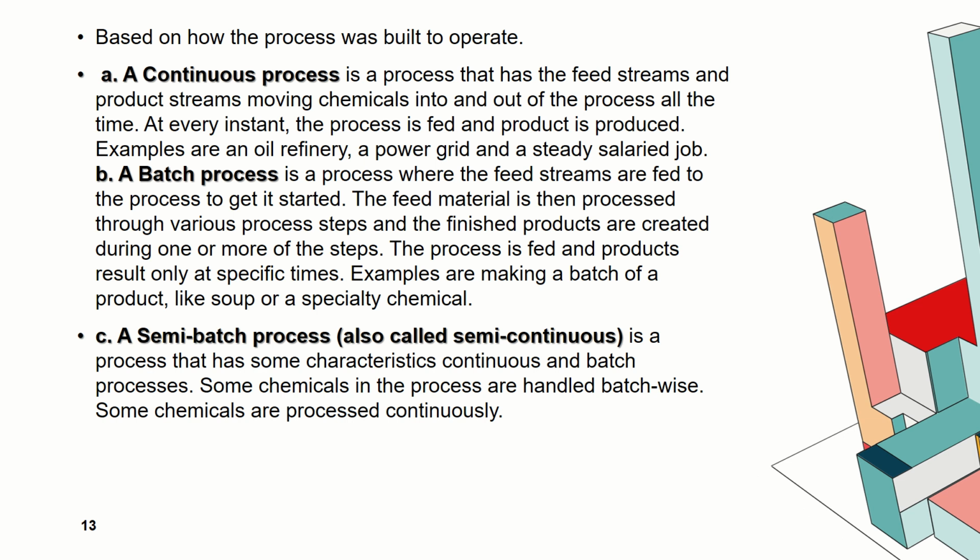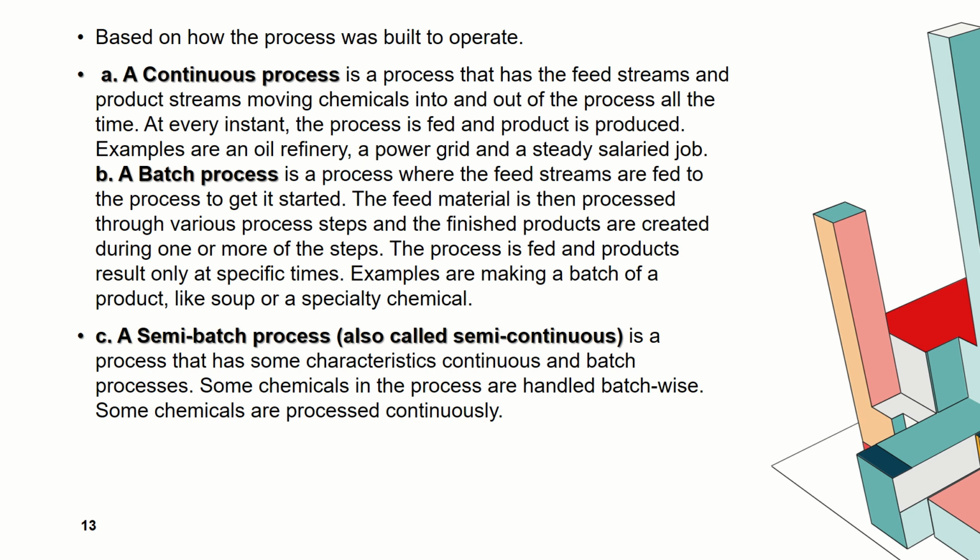So the third one is a semi-batch process, also known as semi-continuous. This is a process that has some characteristics of continuous and batch processes. Some chemicals in the process are handled batch-wise. Some chemicals are processed continuously.